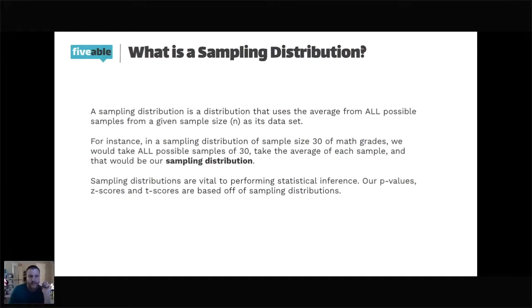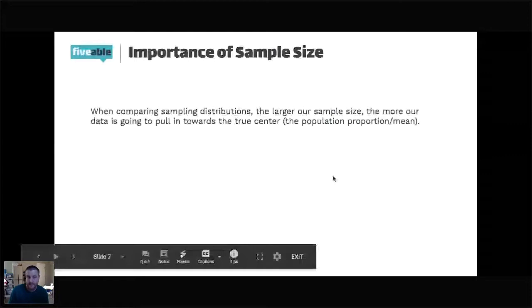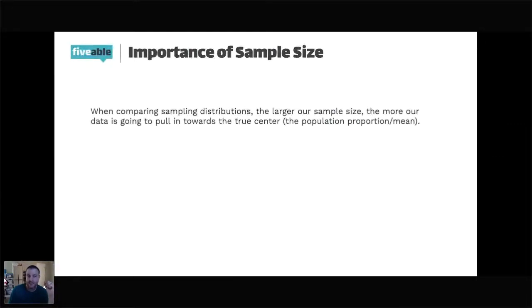Okay, so sample size is also really important. When we're comparing sampling distributions, the larger our sample size, the more our data is going to pull in towards the true center. So it's going to pull in towards what that population proportion or mean is. So if we have a small sample size, we have a normal curve, something like this.